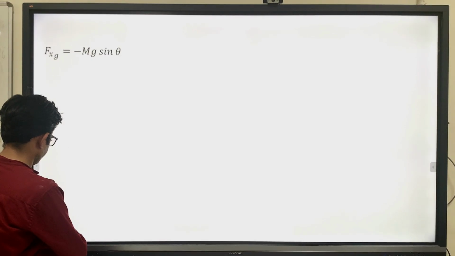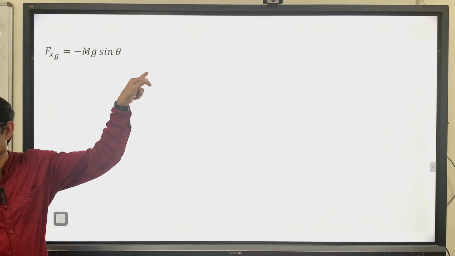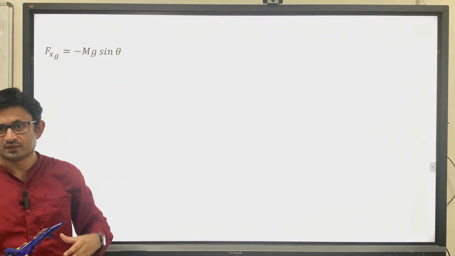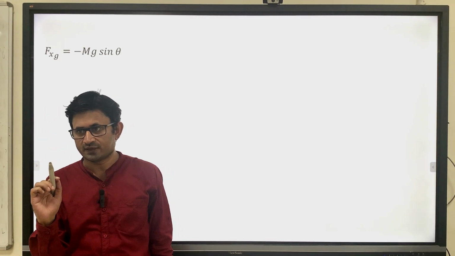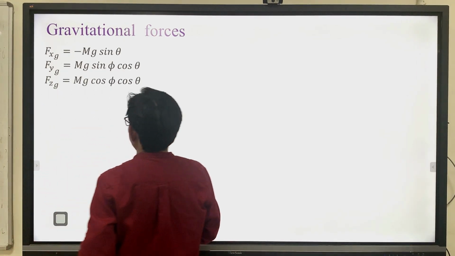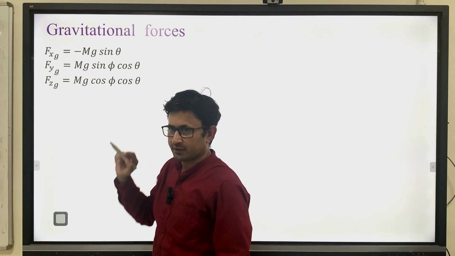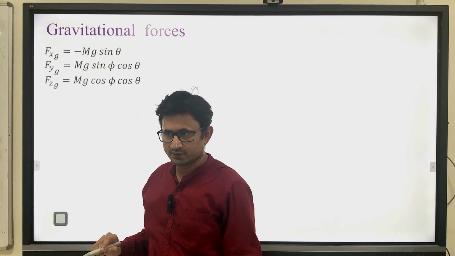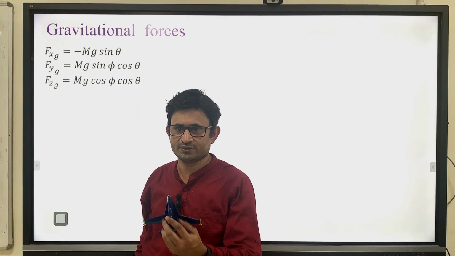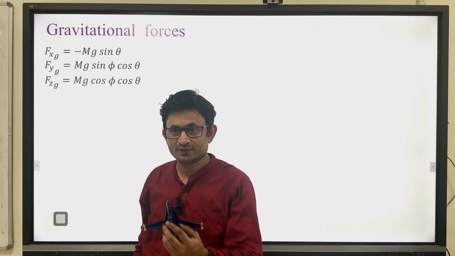If you go back to the PPT, you can see I have written mg sin theta here. It is in the negative direction, and that is why I have written it so. Forget about phi. When you put phi equal to 0, you get mg sin theta. I already explained this to you. And what is the z component? mg cos theta, right? When you do the pitch, the z axis is rotated about y, giving mg cos theta.